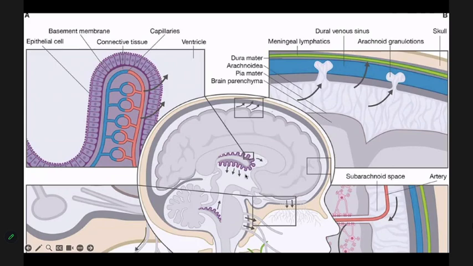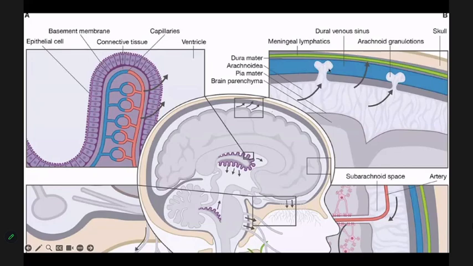So thereafter, through the ventricular system, the CSF flows, and then subsequently CSF flows out into the subarachnoid space, and then in the end, it is absorbed through the arachnoid granulations. These arachnoid granulations are small outpouchings of the subarachnoid space.